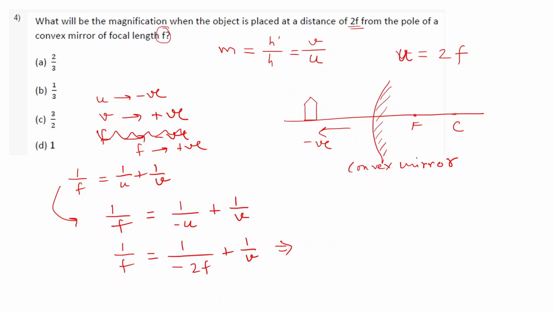Now I need to find out what will be the magnification. To find out the magnification, I need the image distance. From this, what I want to find out is 1 over v.